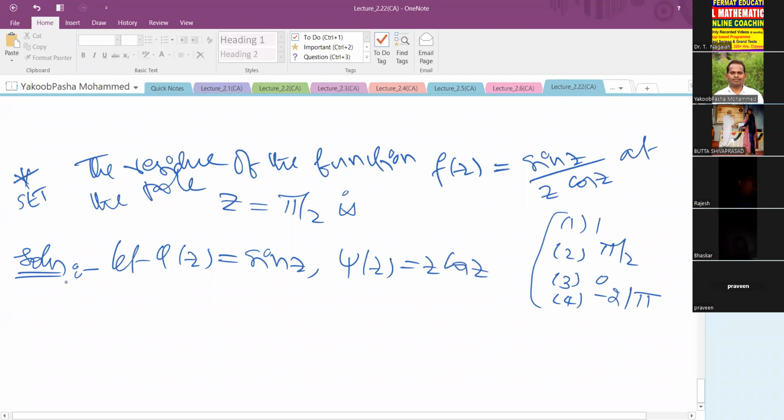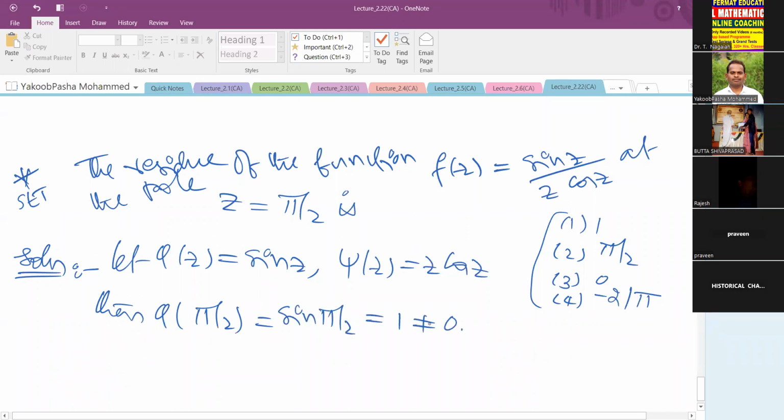First, phi of pi by 2, that is sin pi by 2, is equal to 1, not equal to 0. And psi of pi by 2 should be 0: pi by 2 into cos pi by 2, cos pi by 2 is 0, so it is 0.